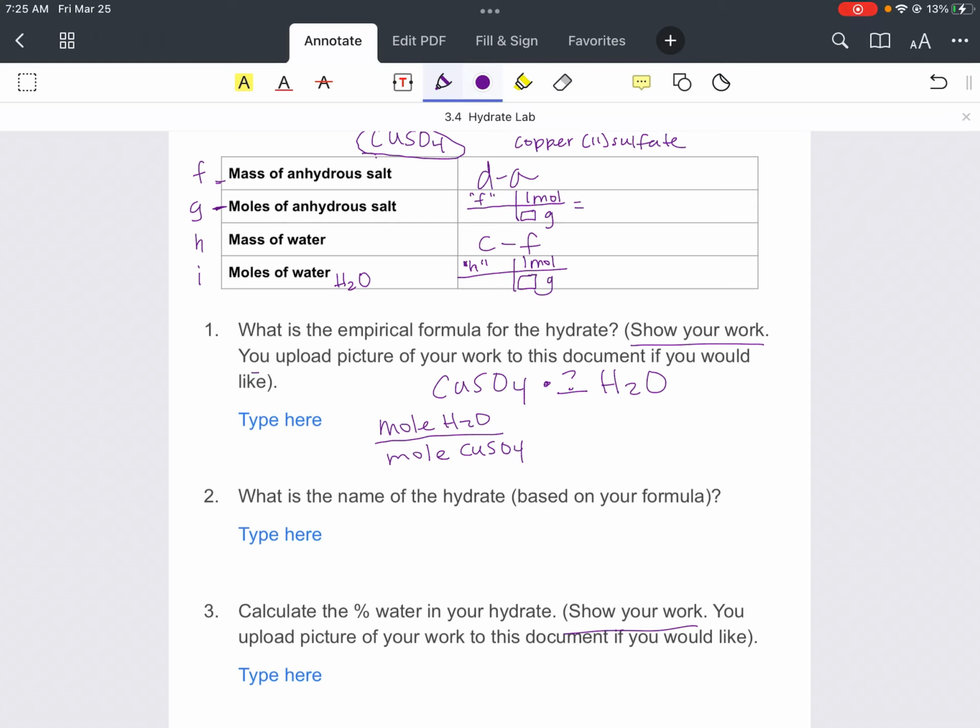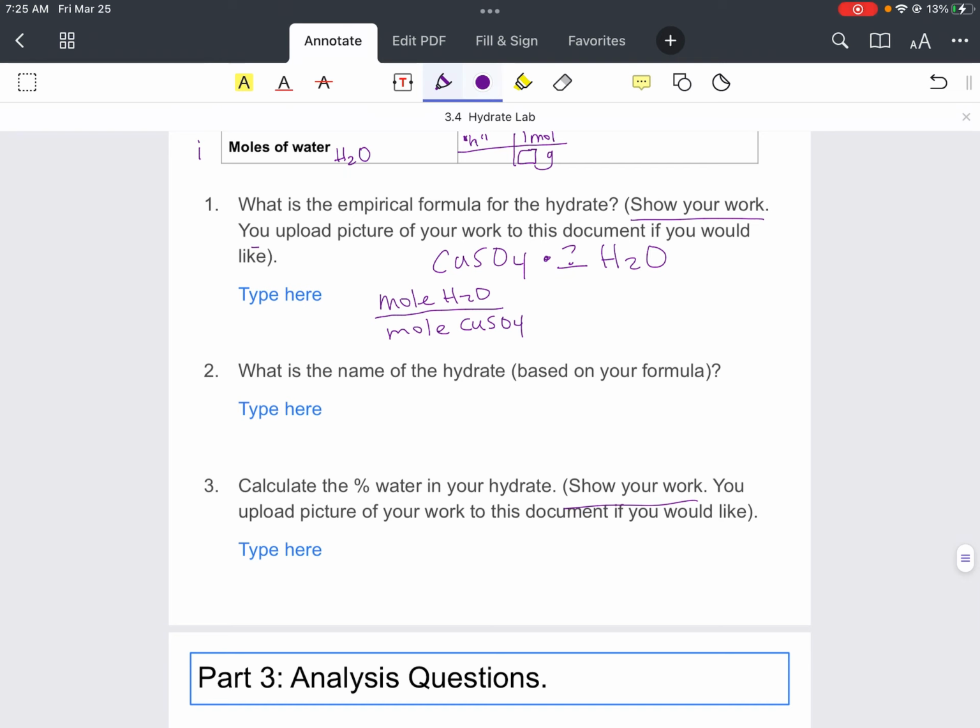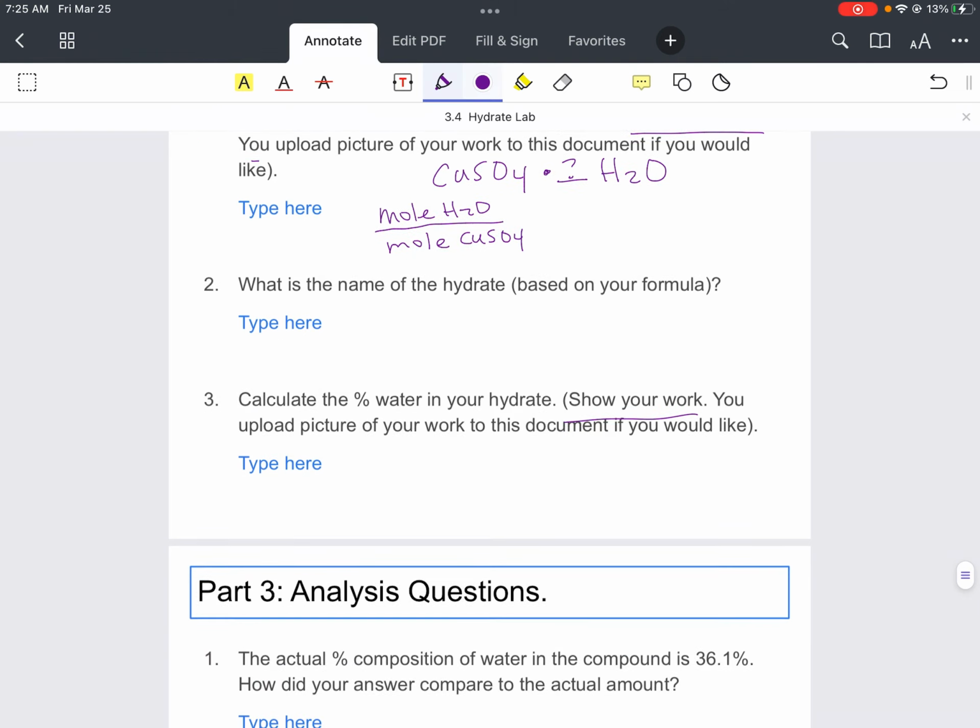So make sure you show your work. If you want to type it in this document, that's fine. If you want to just do it on paper, take a picture, and then put the picture in the slideshow, you can do that on the last page, or you can copy and paste it here, however you want to put it in there. You need to name it. Again, if you're not sure, go back and watch the notes.